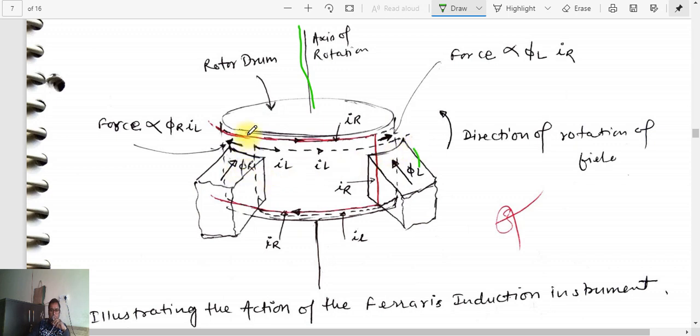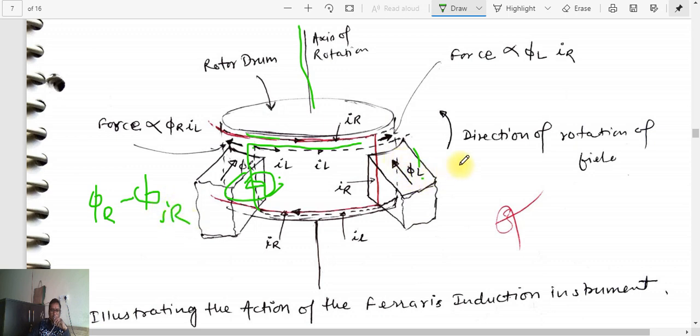This is the drum where the induced current or induced EMF is generated, and this is the IR direction here. By the right hand screw law, the current in this drum and the flux will be in this direction, meaning IR induces a flux which is opposite to phi R, minus phi IR.